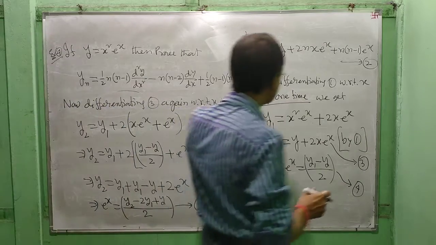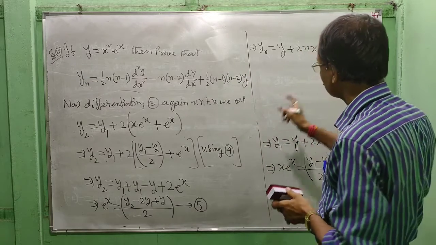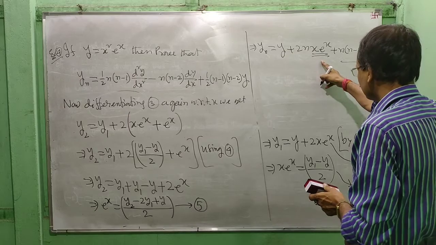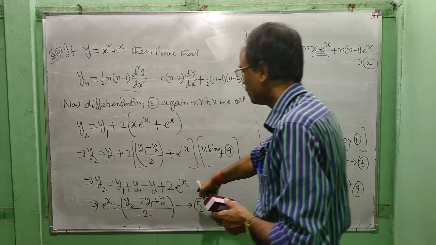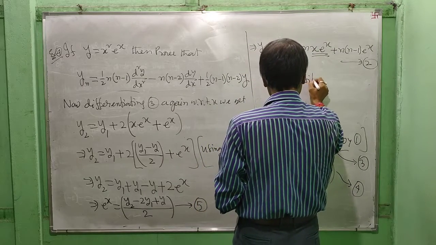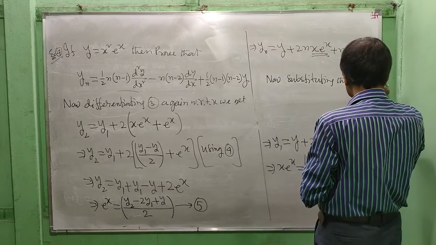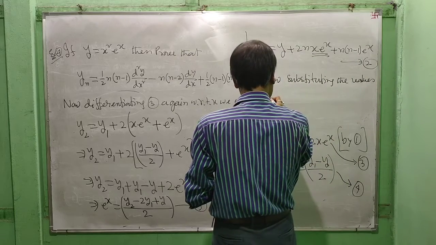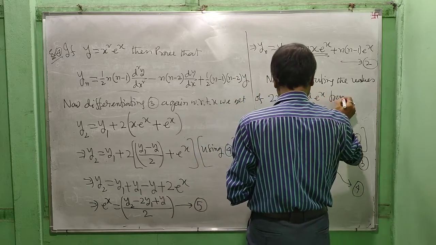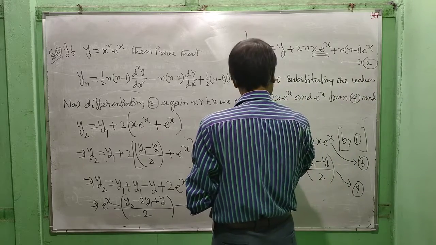Now substitute the values of twice x e to the power x from 4 and e to the power x from 5 into 2.